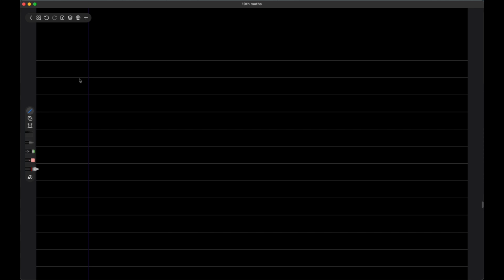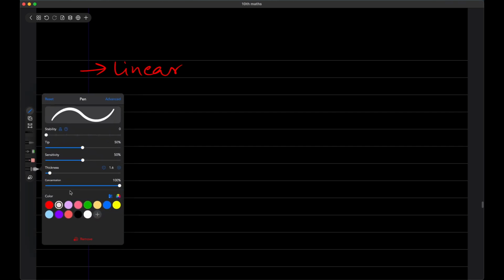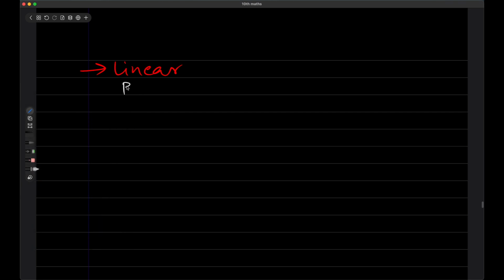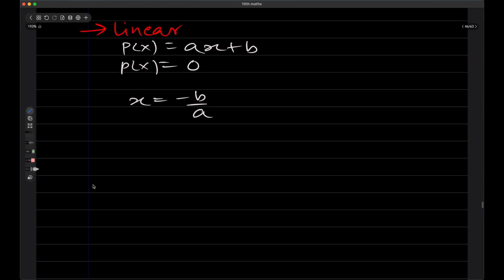Let us have the quick recap for linear and quadratic polynomial. Linear polynomial is of the form p of x equals ax plus b. For the zeros of polynomial, we put p of x equals 0 and we will get x equals minus b divided by a.